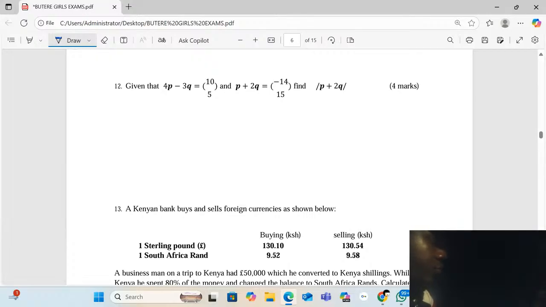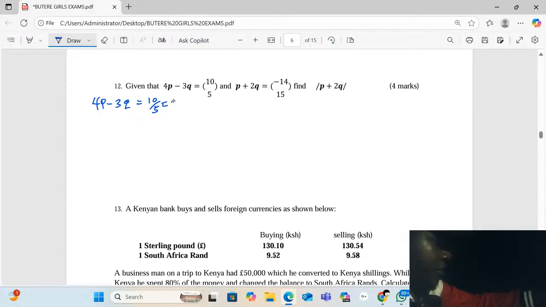So we simplify the equation first. For us to simplify the equation, we shall have 4p minus 3q now equals 10 over 5.